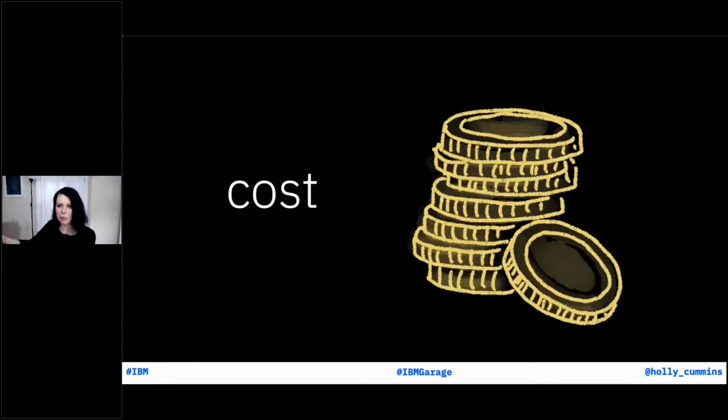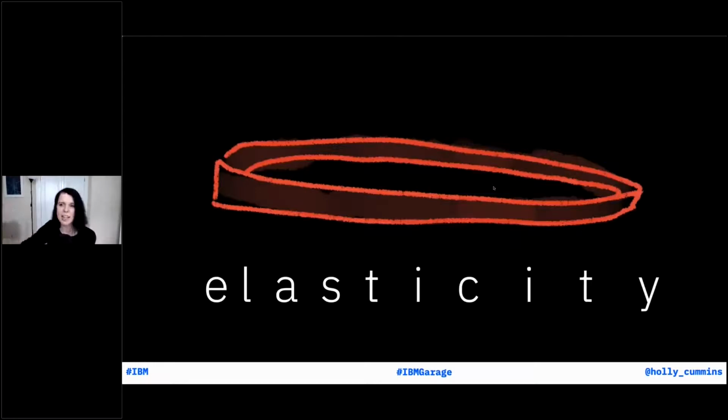So for example, for Black Friday, I didn't need to have enough computers available to handle Black Friday, even though it was February, even though it was May. And so really the reason I saved cost in the cloud was because of that elasticity. I could scale workloads down and I could scale workloads up.